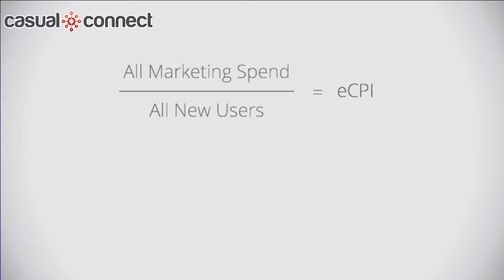CPI is all marketing spend divided by all paid users, what we had before. eCPI is, let's say last month we spent 500K on a game and we got 1 million new users, so our eCPI is 50 cents.